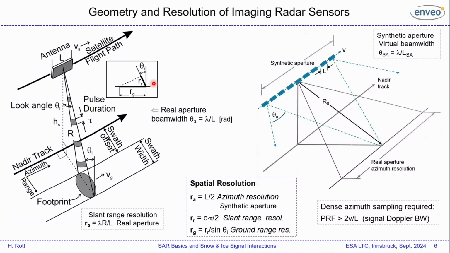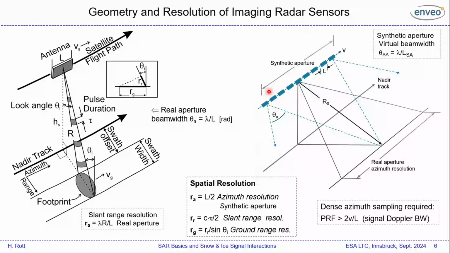And on the other hand, if we are near specular reflection, then the resolution is very poor. So this is a real aperture. Here is written again the beam width, its wavelength over the length of the antenna.